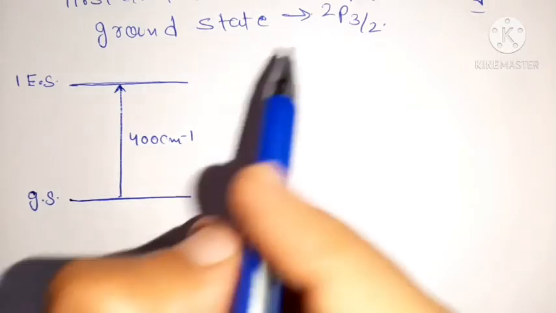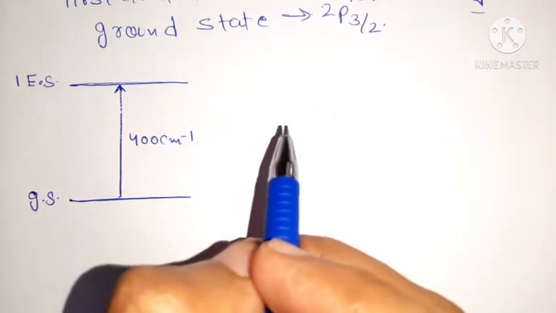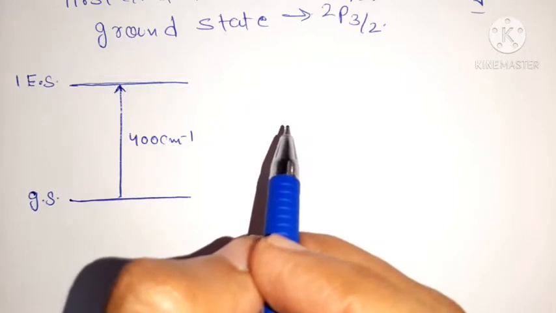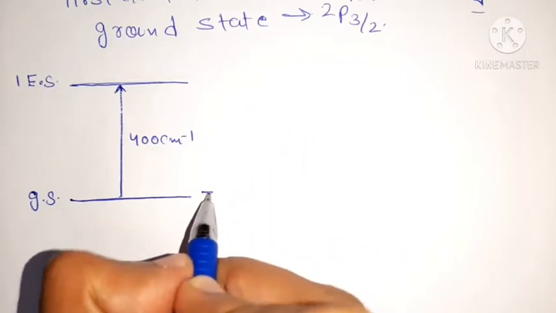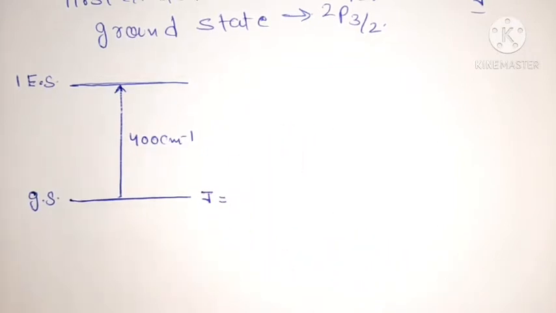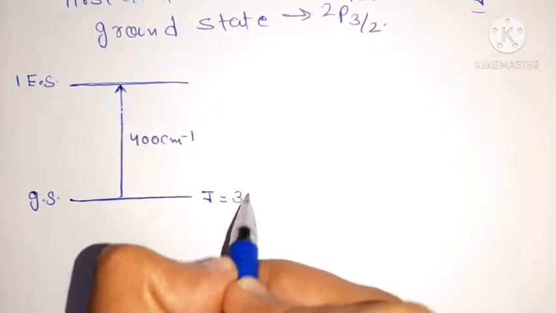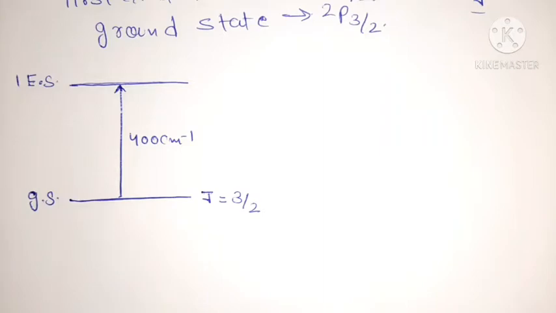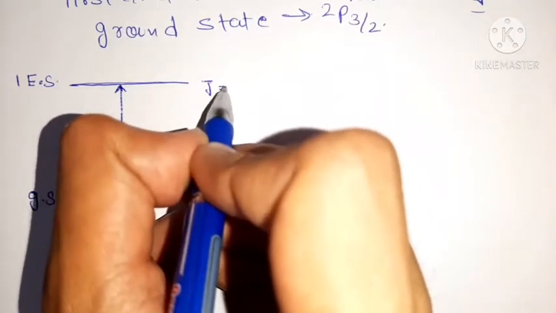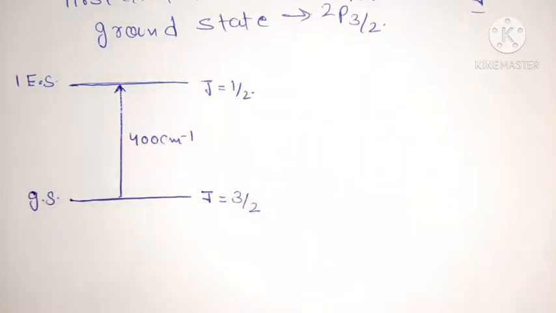Now we have the J values. J is a rotational quantum number. So the J value for the ground state will be 3/2, and the J value for the excited state is 1/2.